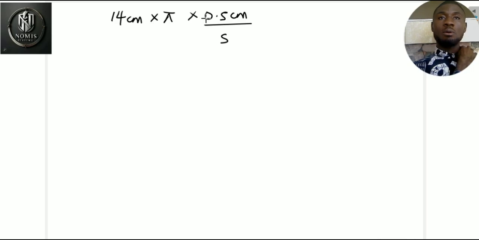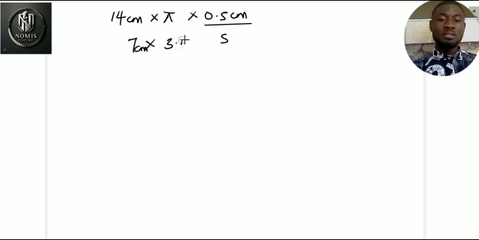When you are multiplying anything by 1 over 2, you have to find the half of that thing. So 14 times 0.5 is definitely 7. So that will be 7 multiplied by, now what is pi? Remember, pi is just 3.142. Don't forget we have a centimeter here.